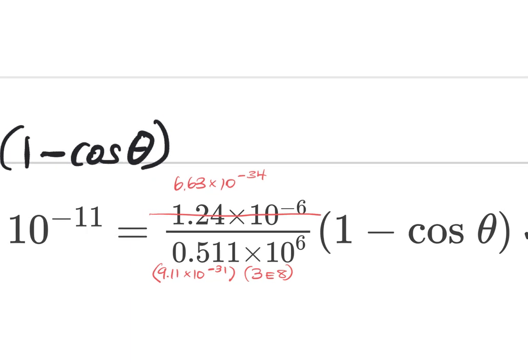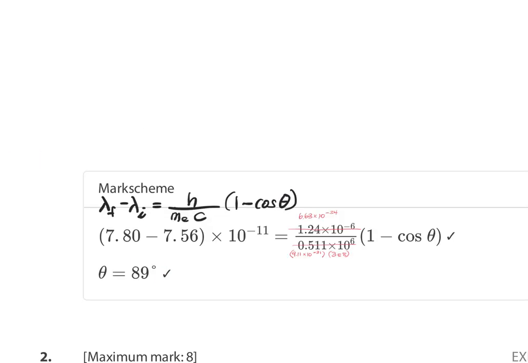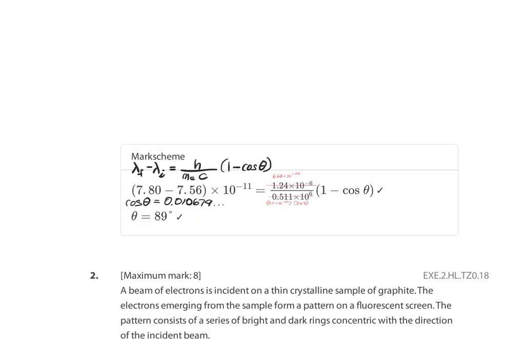So when I throw those numbers in and solve for cosine of theta, we wind up with 0.010679. And then if I inverse cosine that, I get 89 degrees, which agrees with the mark scheme.